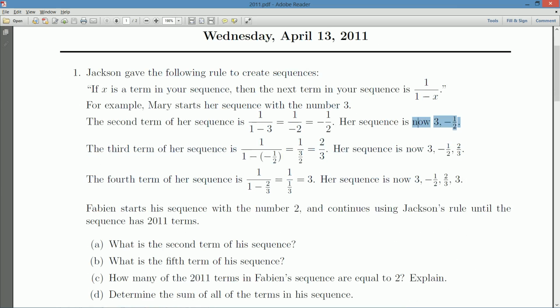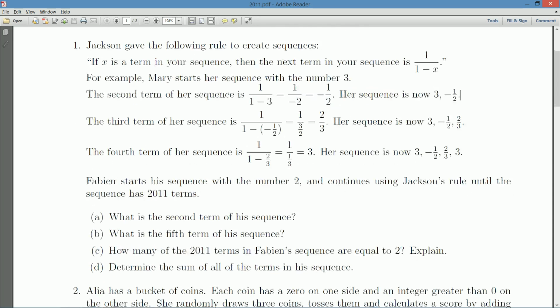Now she has 3 and negative 1/2. To get the next term, she takes negative 1/2 as her x and plugs it into 1 over 1 minus x, and she gets 2/3. If she continues on, the 4th term in her sequence comes all the way back to 3. Her sequence is probably just going to repeat after this.